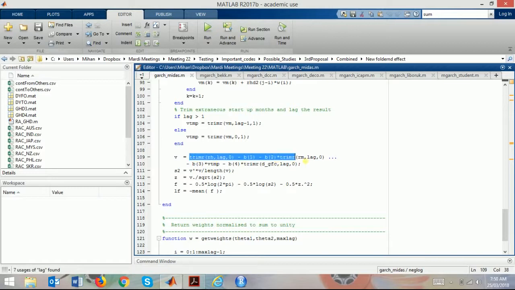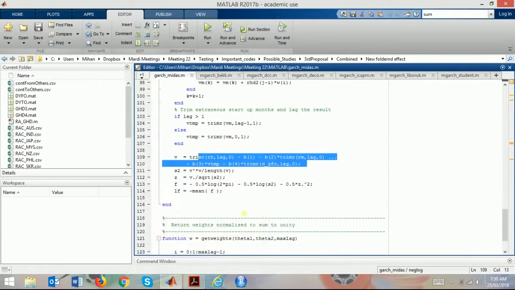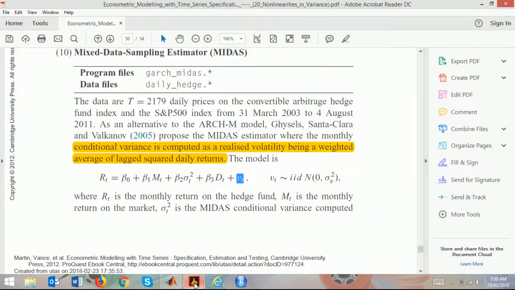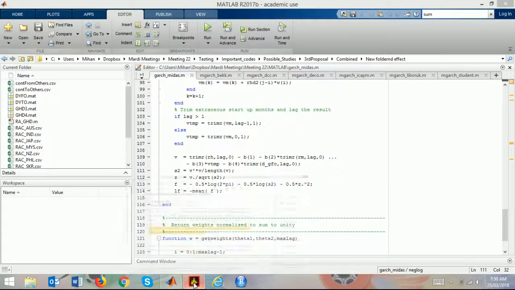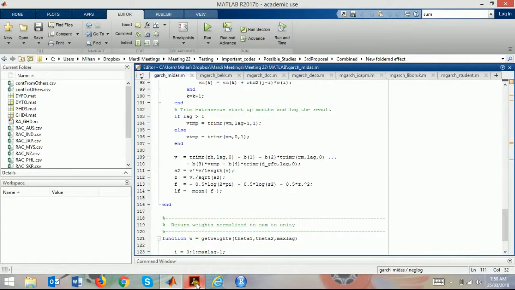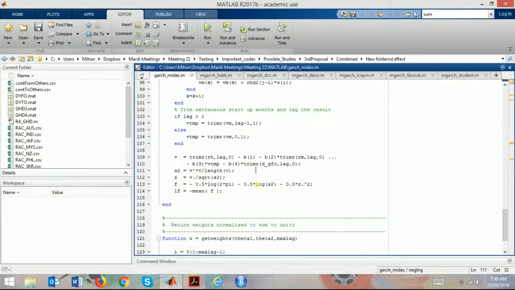Okay, this is the equation part. This is the residual from the equation. And what was the equation? Everything else goes to the left hand side: minus beta 1 minus beta 2 times trimmed RM. Again, the monthly lag amount is trimmed. The lagged amount has always been trimmed. Good. V3, VTMP. We are not doing any trimming here because we have done the trimming with automatic coding here. Good.